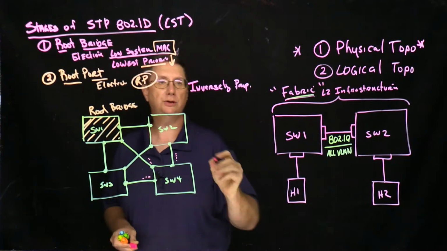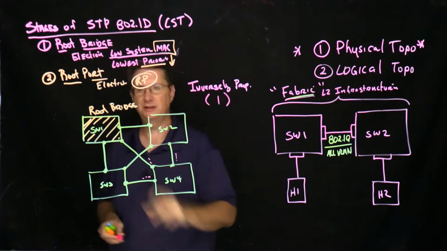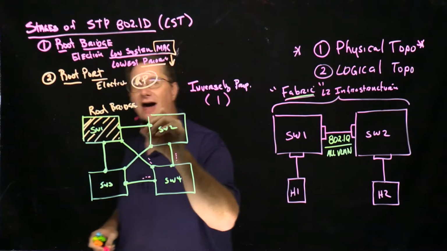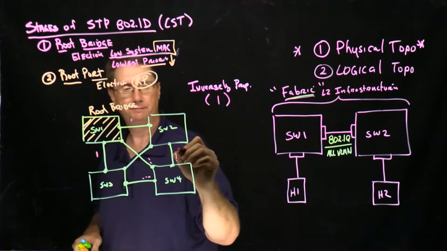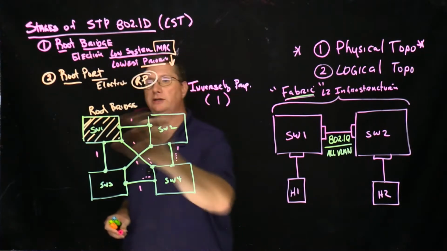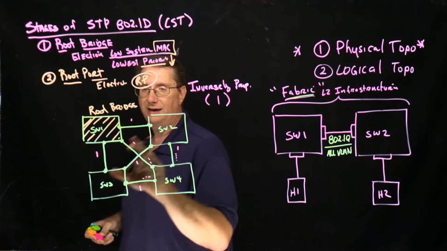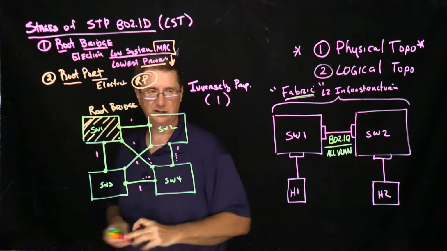So just for the sake of clarity, I'm going to assign every one of the links in my infrastructure a value of 1. So every link is going to have a matching value assigned to it.